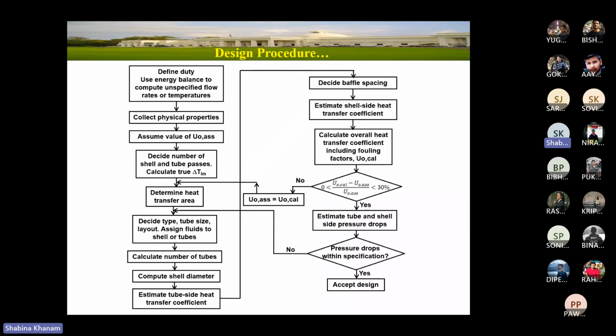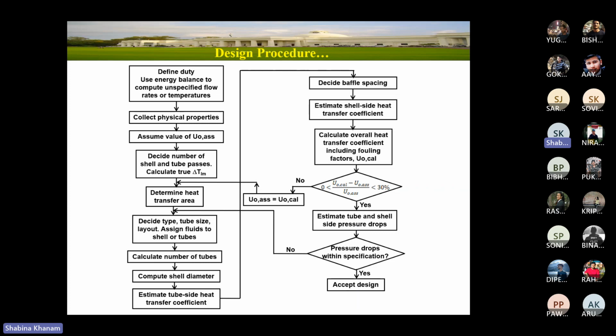Then we discussed how to choose baffle cut and baffle spacing, tube sheet thickness, and tie rods.